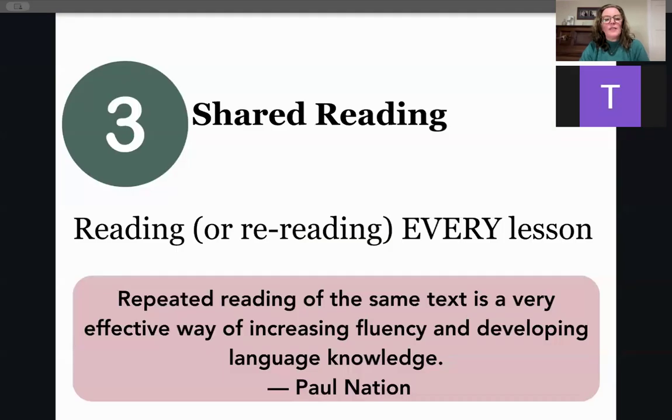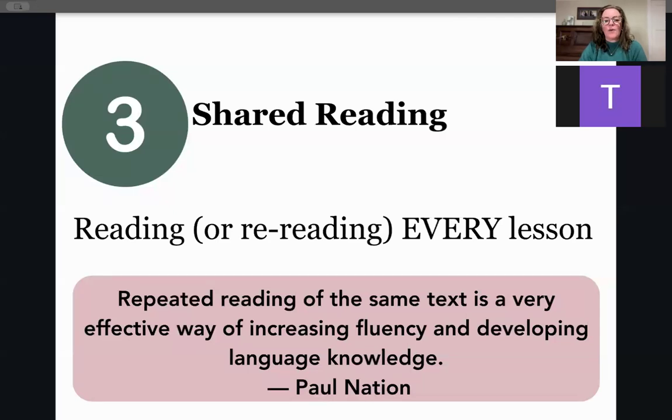So third step is the shared reading. So reading or rereading every lesson was our mantra. And I love this quote from Paul Nation about repeated reading of the same text being a very effective way of increasing fluency and developing language knowledge.